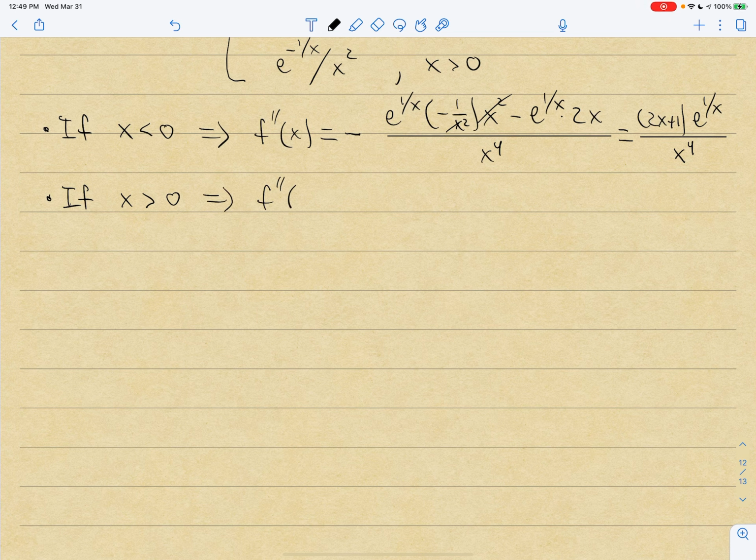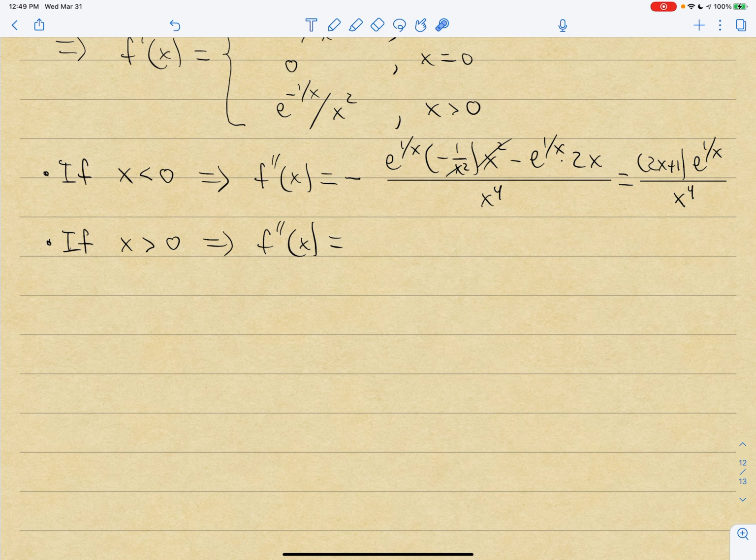Then f double prime of x is going to be the derivative of this guy, and a similar procedure will work.